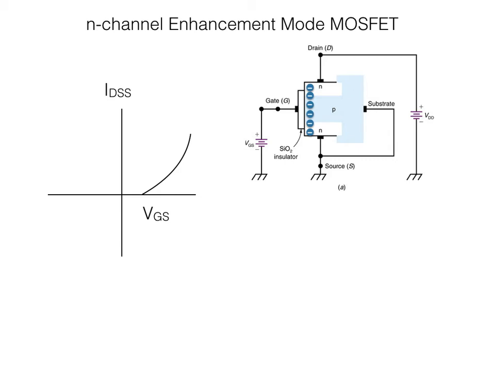And so unlike the depletion mode MOSFET, the default state isn't to allow current to flow. Rather, you have to keep applying this positive voltage in the case of an N channel to flow current, and in the case of a P channel, you need to apply a negative voltage to pull enough positive charge carriers to create a pathway for current to flow through the N-type material. And that's it.